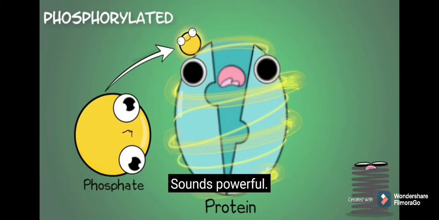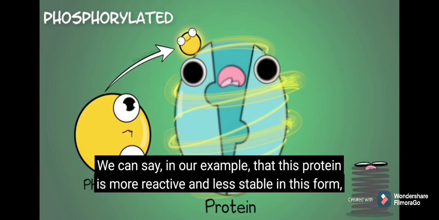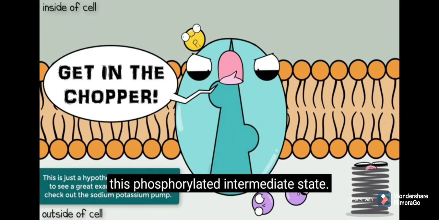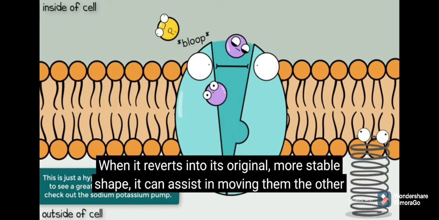We can say in our example that this protein is more reactive and less stable in this form. This phosphorylated intermediate state, when it reverses into its original, more stable shape, can assist in moving the molecule in an altered direction.